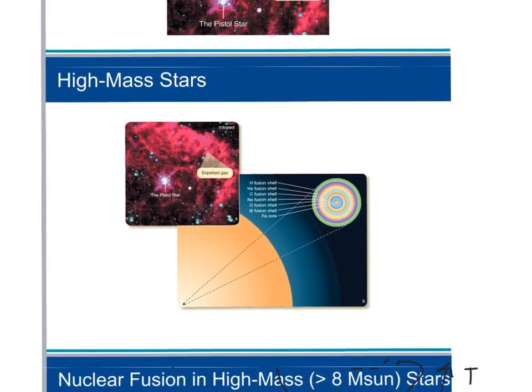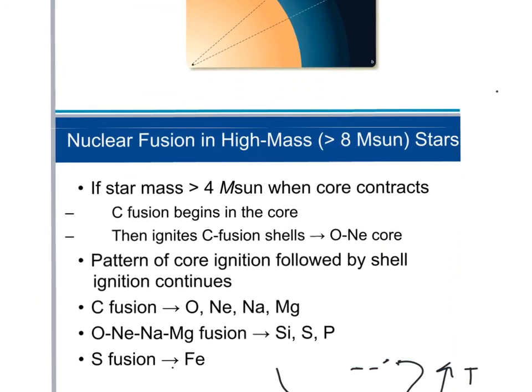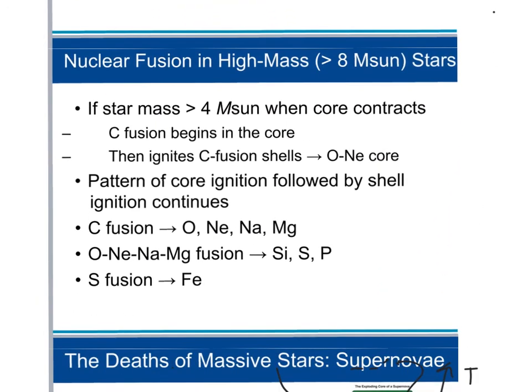So the high mass stars, again, have a hydrogen fusion shell around the outer part, helium in the center, then carbon fusion, and so on down to iron at the core. If a star's mass is greater than 4 times the mass of the sun, when the core contracts, then a carbon fusion reaction begins in the core. That ignites the shell, and then we get this whole pattern going through.